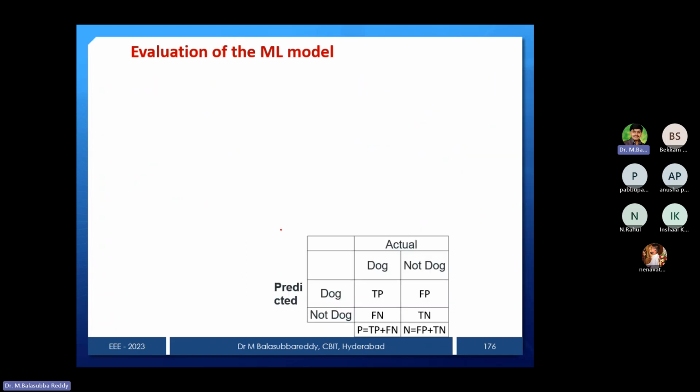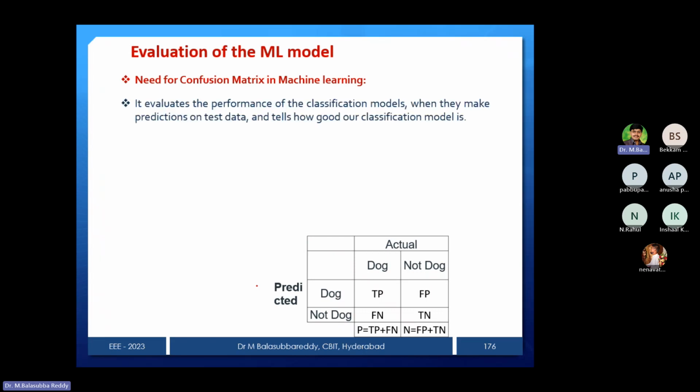Now we can see the actual, dog and not a dog, and what the predictions are. Need for confusion matrix in machine learning: it evaluates the performance of the classification model, because now we have to classify whether it is a dog or not a dog, when it makes predictions on test data, and tells how good our classification model is.